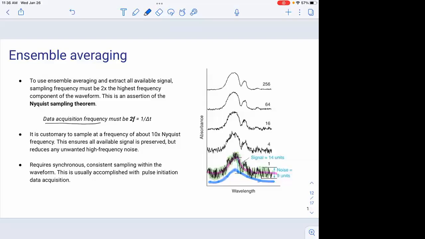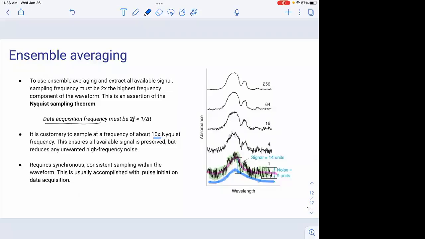All right. In most spectroscopy experiments these days with currently available equipment, it's common to sample at a frequency of about 10 times the Nyquist frequency. This makes sure that you have all signal that's relevant to your chemical system, but you're limiting the amount of high frequency noise that is coming out of that detector.